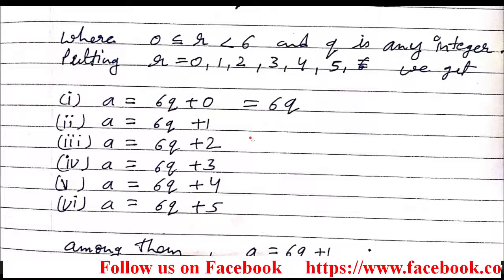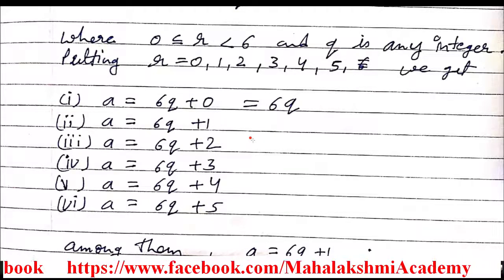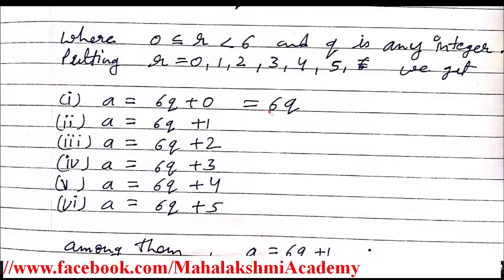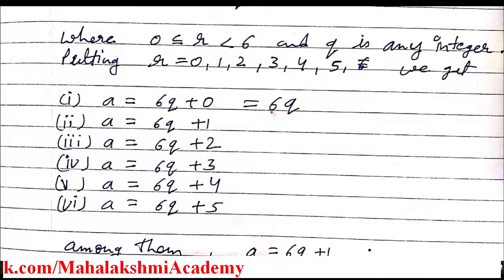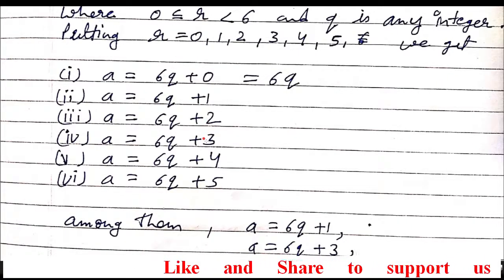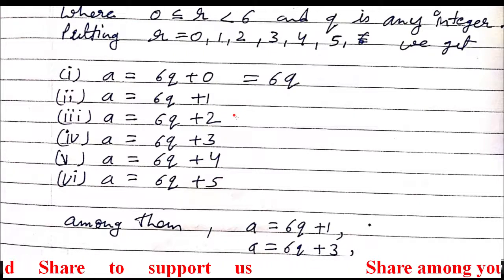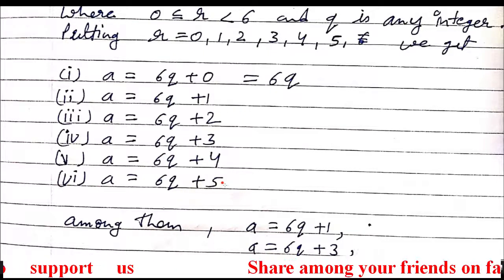Odd integers are the integers which are not divisible by 2. 6q is divisible by 2, so it's even. 6q plus 1 is not divisible by 2, that's why it is odd. In the same way, this is even, this is odd, this is even, this is odd.